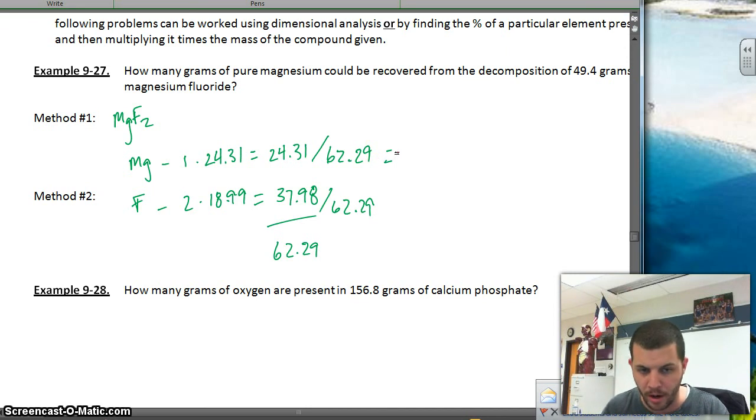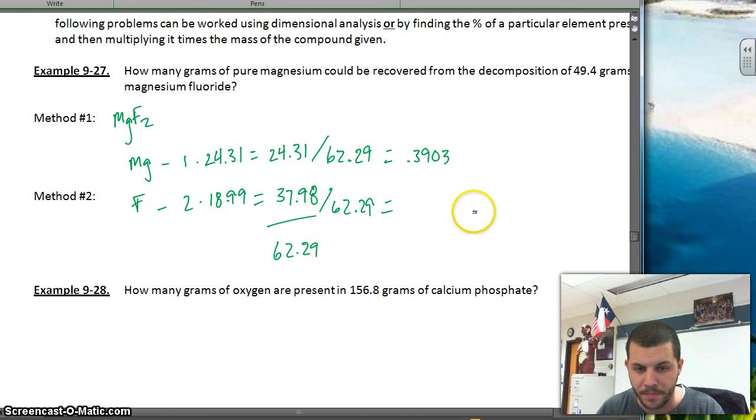So 24.31 divided by 62.29 is 0.3903. And 37.98 divided by 62.29 is 0.6097.